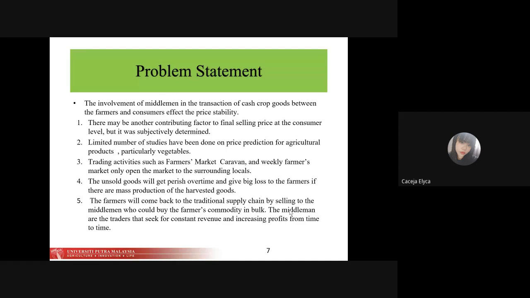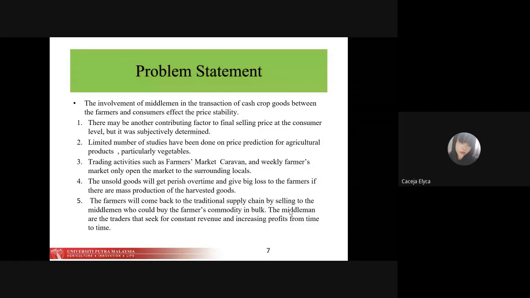There may be other contributing factors that can affect the final selling price at the consumer level, but they were subjectively determined. Another problem is that limited numbers of studies have been done on price prediction for agricultural products, especially vegetables.